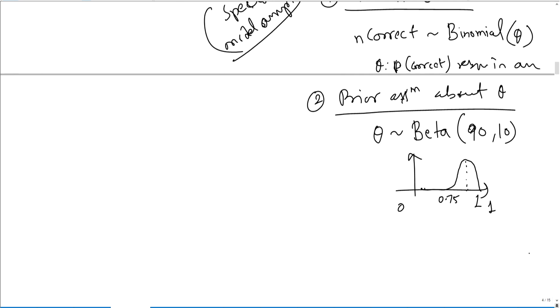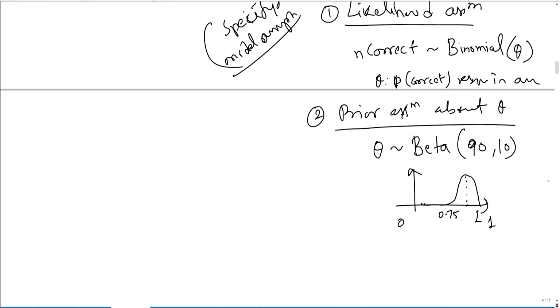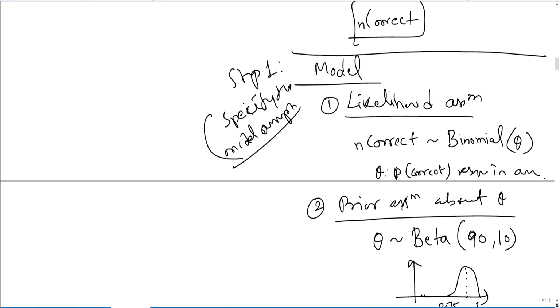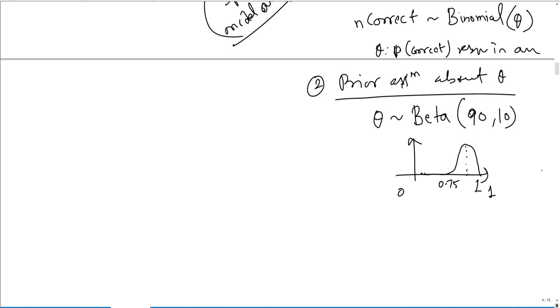All right. So, now we have set up our prior assumption and our likelihood assumption. This is your model. We specified our model, so this is step 1 in model building. What is step 2? Well, you actually conduct the experiment. Step 2 is to collect data, to collect observed data.